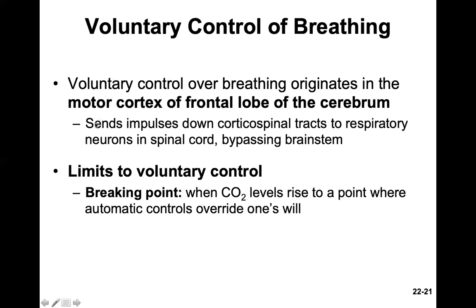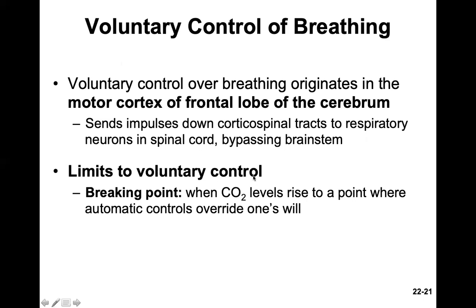This sends impulses down the corticospinal tracts, meaning the tracts of your nervous system that respond to your respiratory neurons in your spinal cord, so that you can actually bypass the brain stem. So if you want to control your own breathing, you can do so with this part of the brain, and it will bypass those respiratory centers of the brainstem.